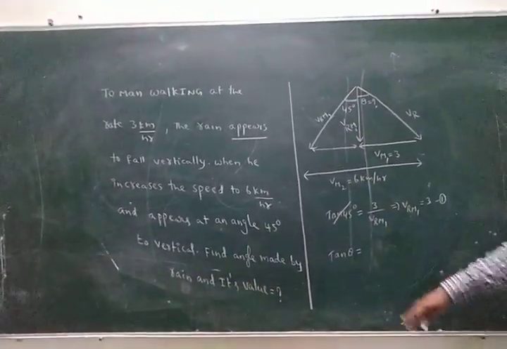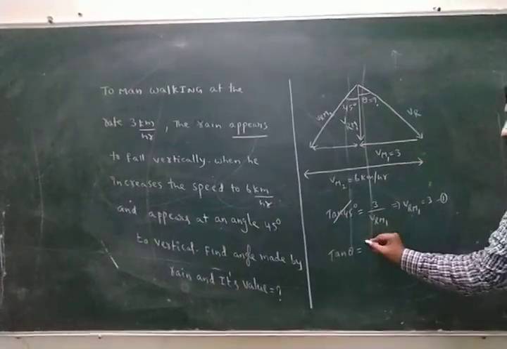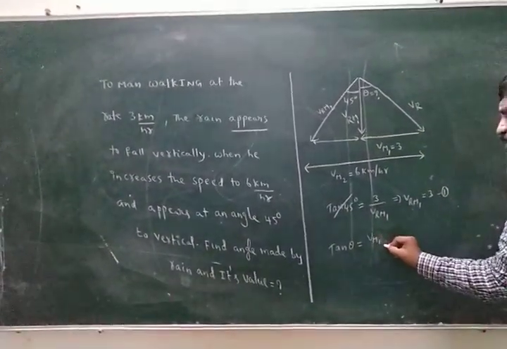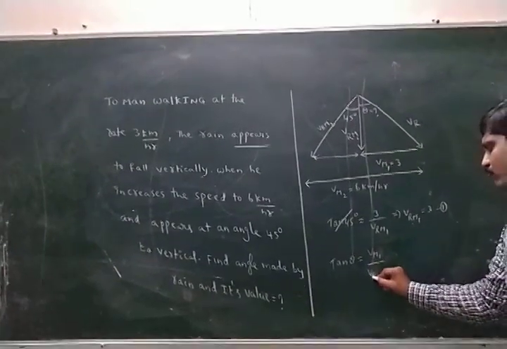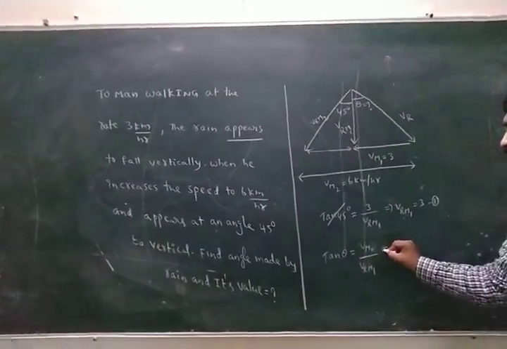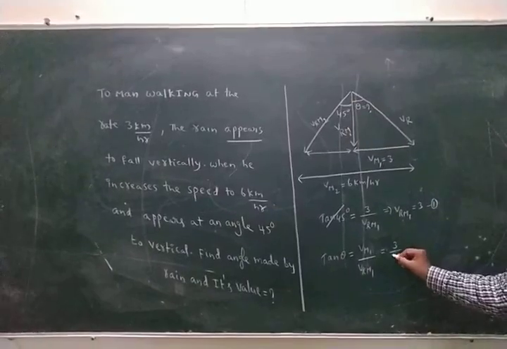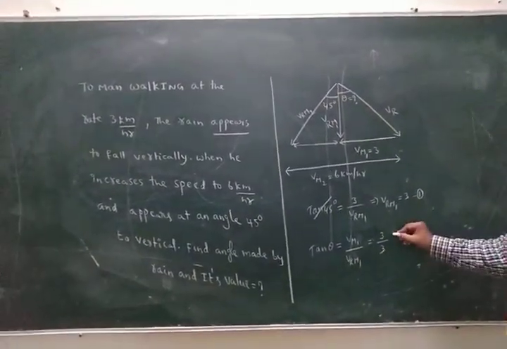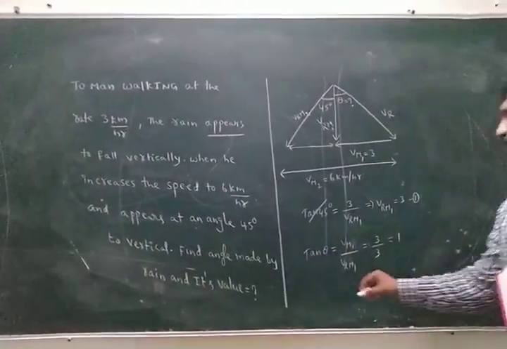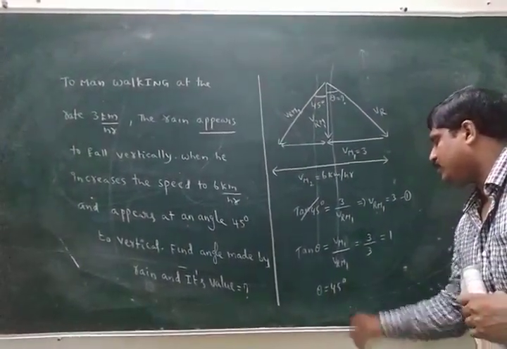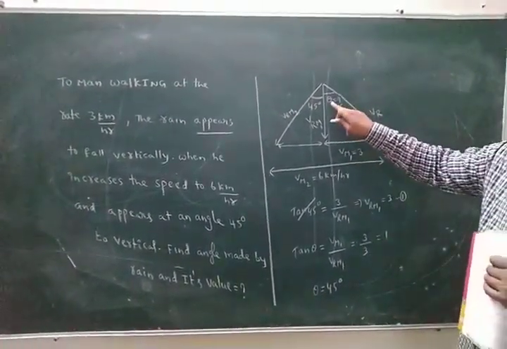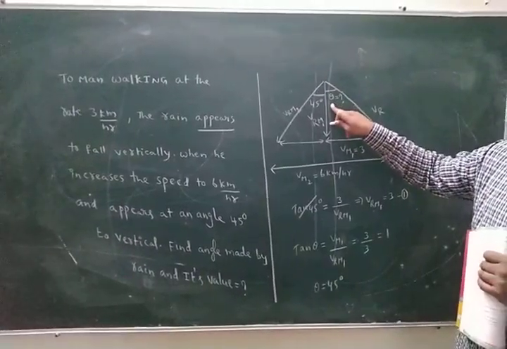Once again, tan theta: what is the opposite side? VM1. What is the adjacent side? VRM1. VM1 value is given as 3, VRM1 value is 3. When tan theta becomes 1, theta becomes 45 degrees. Simply, this angle is easily determined.